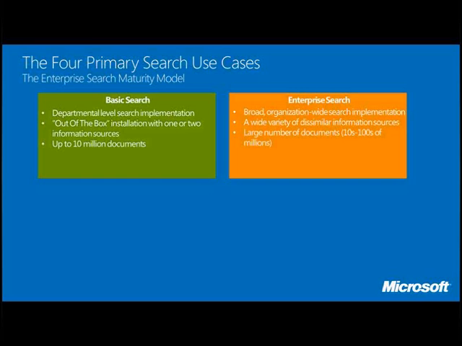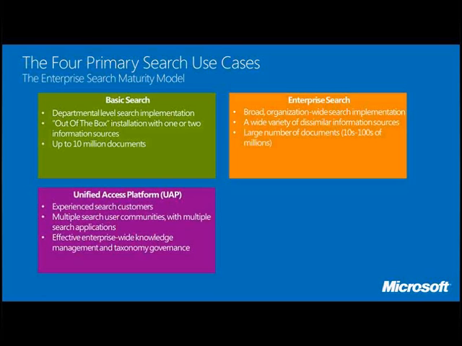The next level is where things start turning into programming, which is what we're going to be talking about today, programming in FAST Search for SharePoint. We call it a Unified Access Platform, or UAP, not a great acronym. This is where people start saying, wait, the enterprise search was nice, but I need this specific bit of information added to it, or I need this specific presentation of my search results provided for my user group within the enterprise.